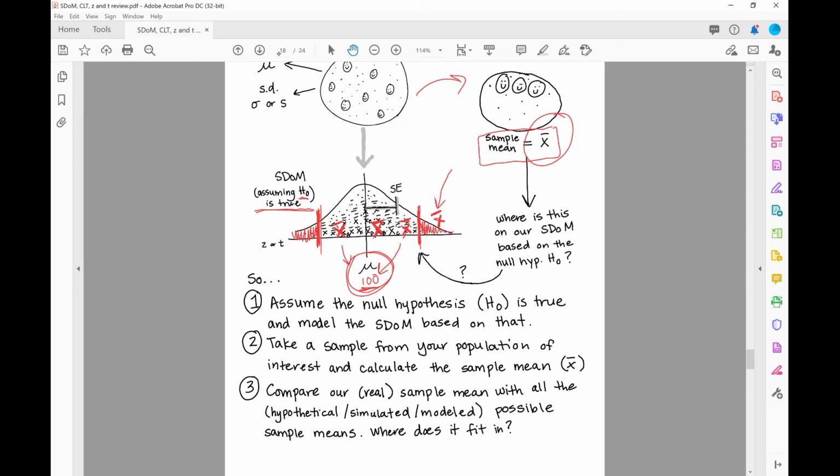And since those chances are really low, I don't think this is true. I'm going to reject it. I'm going to say it's not equal to 100. Just like if this mean came up over here in this weird slice of cake, outside that middle 95% region, then we're saying this is too weird to have happened by chance, to get a mean way down there if this is true.